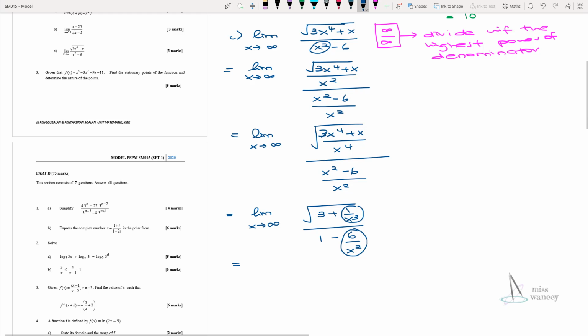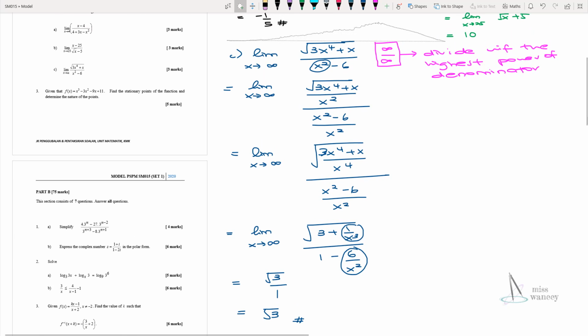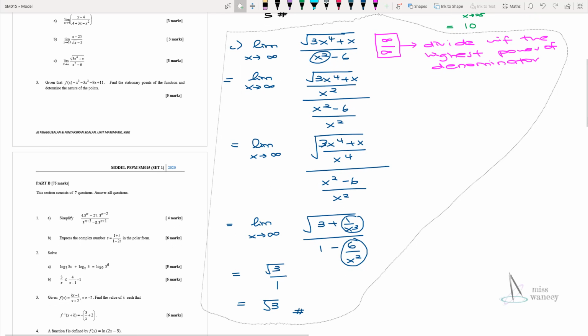So I do end up with square root of 3 over 1, which is simply equal to square root of 3. And we are done with question number 2. So again, let us group this together, and we can answer question number 3 after that.